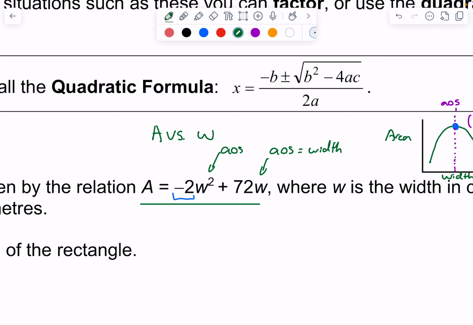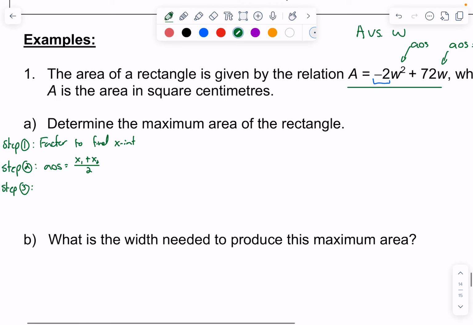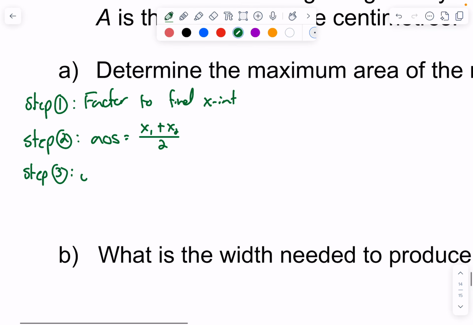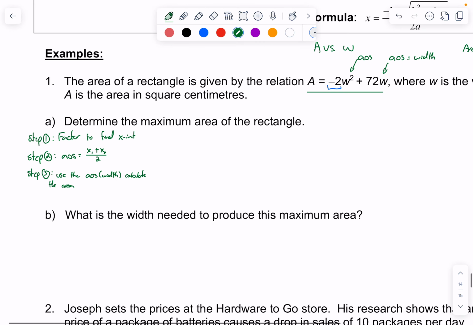It's a width value. And you calculate your area. So step 3, use the AOS, which is a width, calculate the area. Okay, let's go through it.